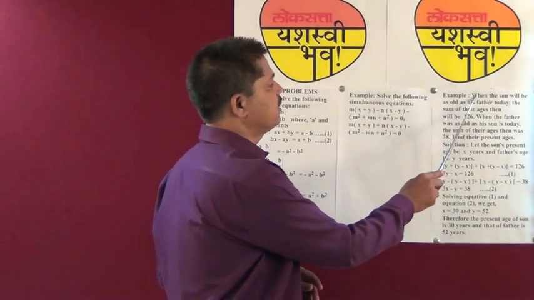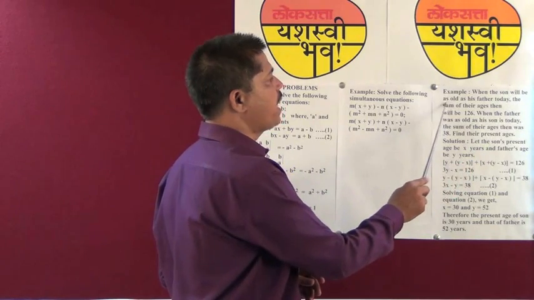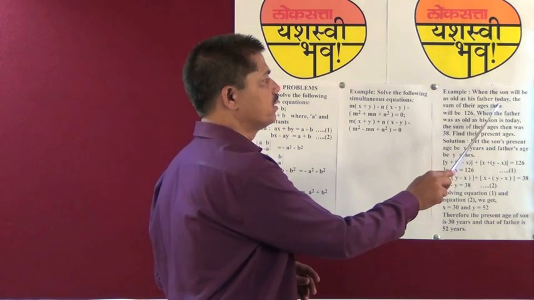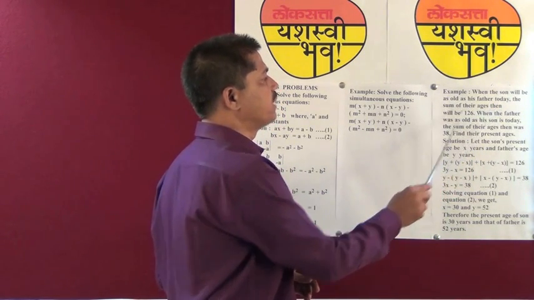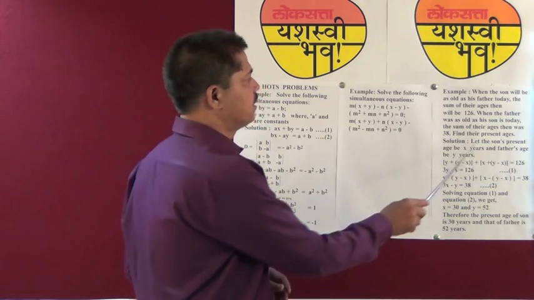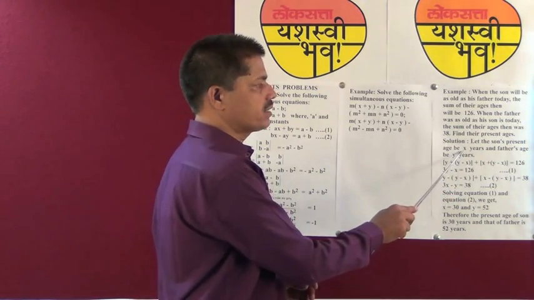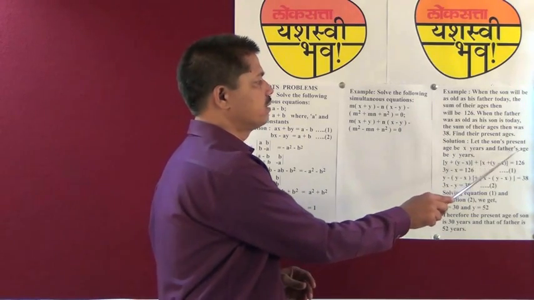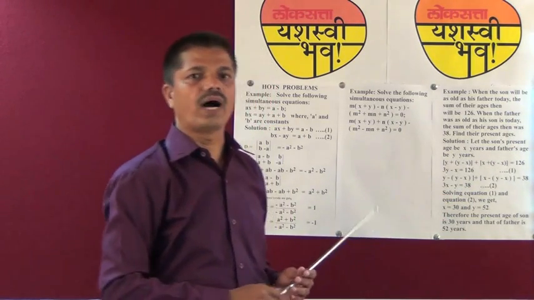The first condition: when the son will be as old as his father today, the sum of their ages then will be 126. Let us consider that the son's present age be x years and father's present age be y years.